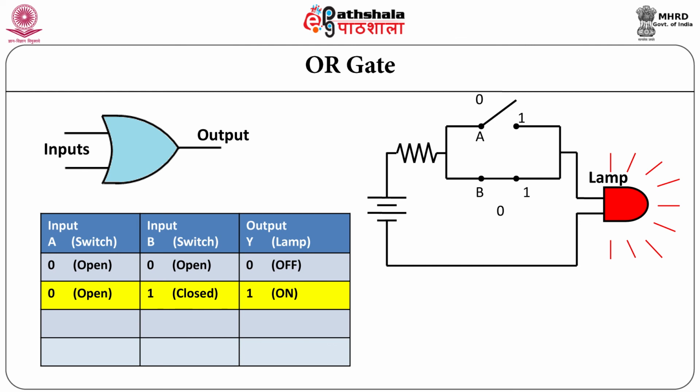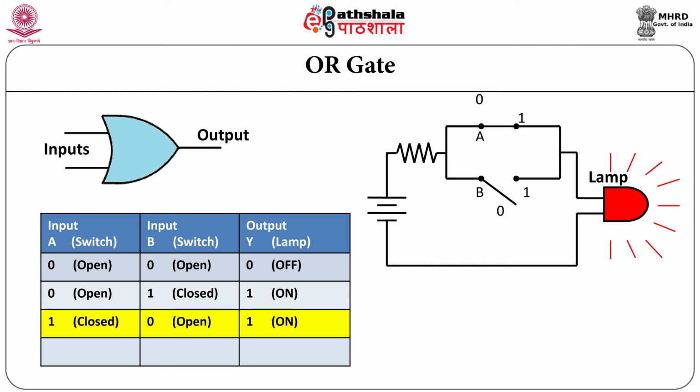Referring to the switch analogy, when one of the switches is closed, that is at level 1 and other one is open at 0 level, the lamp is on, indicating logic 1. As the circuit is complete, the current flows from battery to lamp, thereby turning the lamp on.